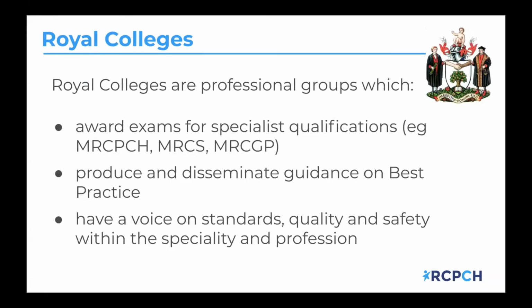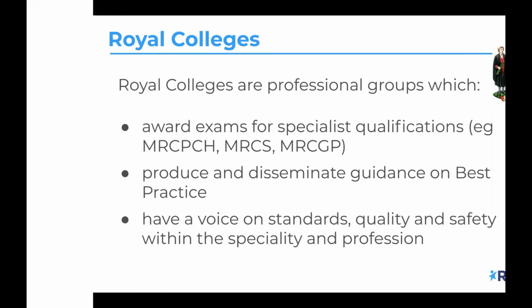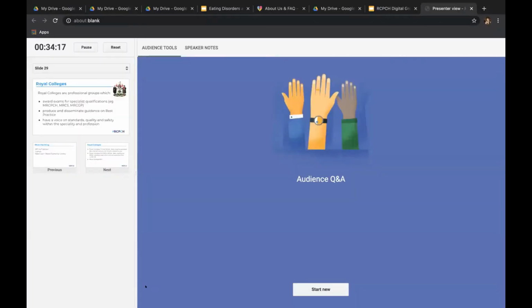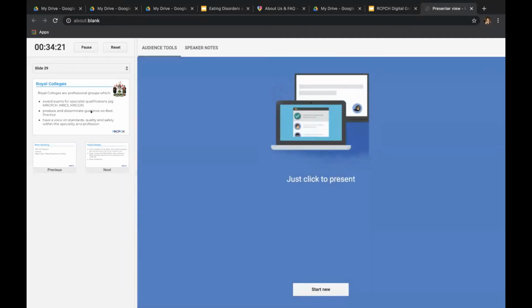So I'm just going to talk a little bit about the context of what we're doing here, just in the wider big picture, which is that Royal Colleges are august professional groups that have been around for long periods of time. They're part of medicine. Certainly in the UK, we have Royal Colleges, but in other countries they have other comparable organisations.